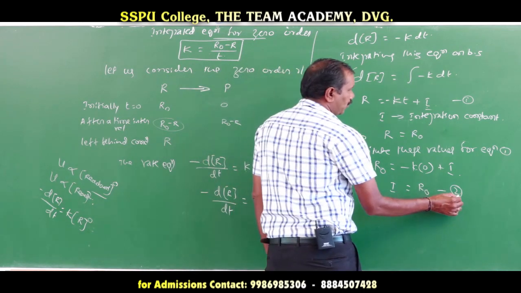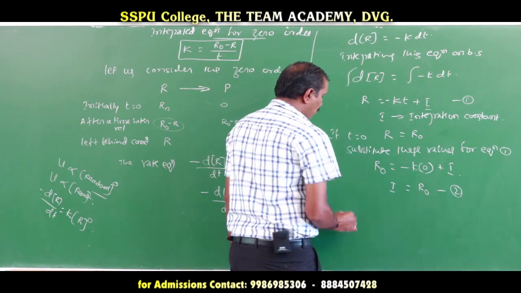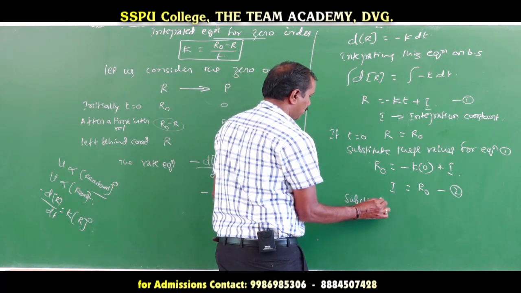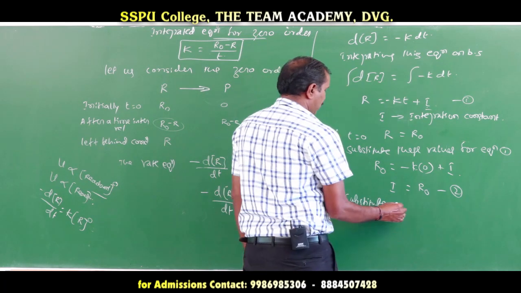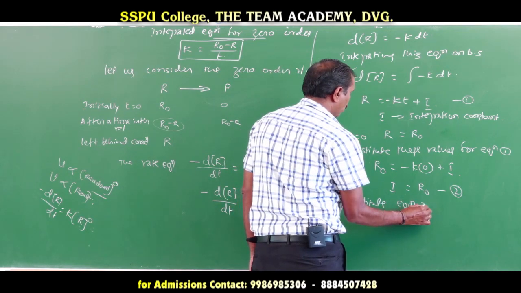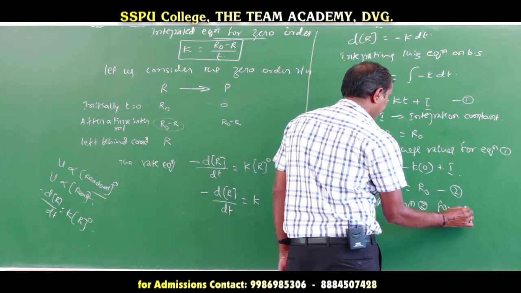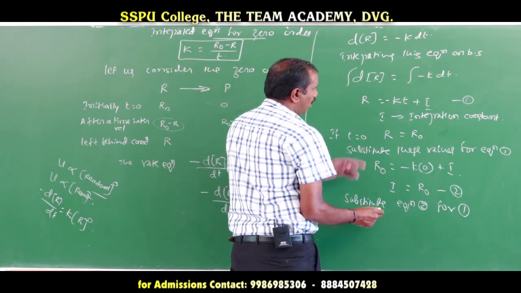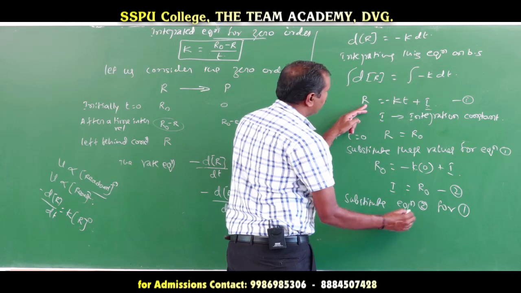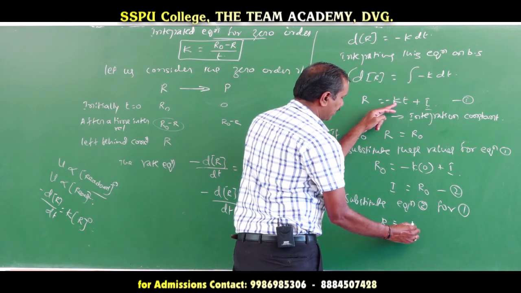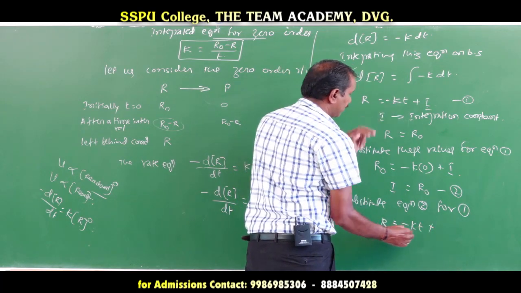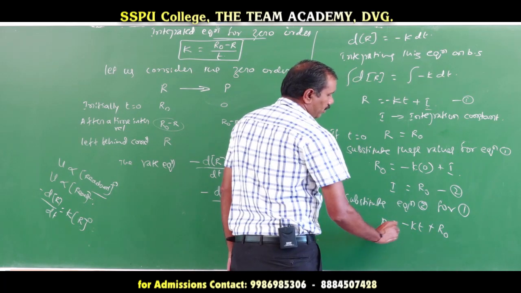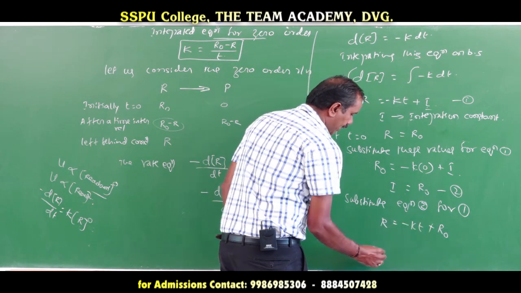Then substitute this value of I, equation 2, into 1. Then R equals minus kt plus the value of I, which is R naught.